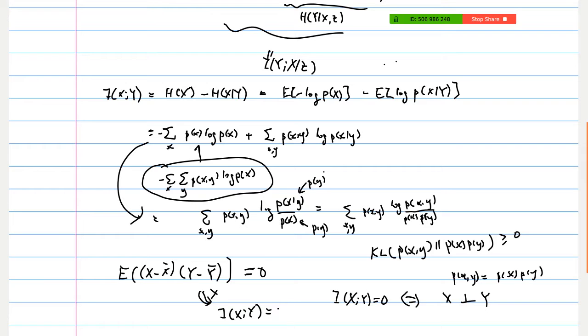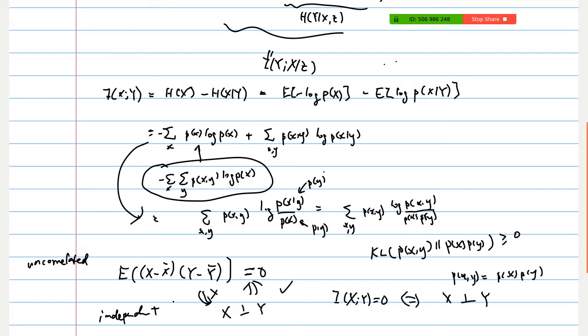This does not imply that x and y are independent of one another. On the other hand, when x and y are independent, you make sure that it's uncorrelated. So you have uncorrelated, and this is independent. So independent is a stronger condition.